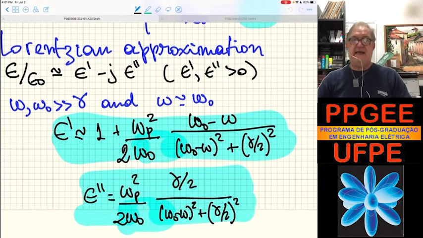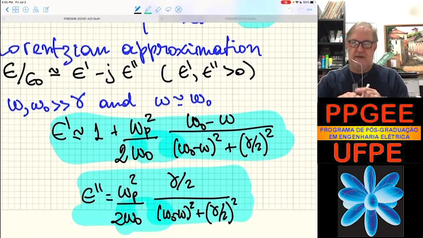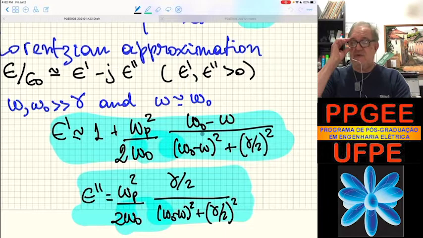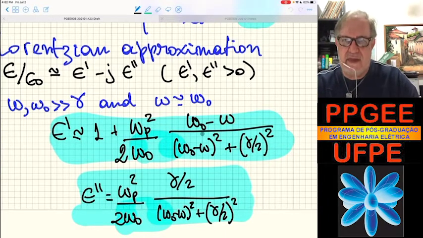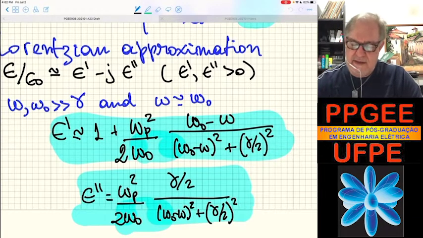Well, we can now examine the behavior. Before we show the plot, let's just talk about the general features of these functions. Let's talk about the real part. Now, the real part, as I mentioned to you, is going to determine the velocity of propagation in the medium for a given frequency component.